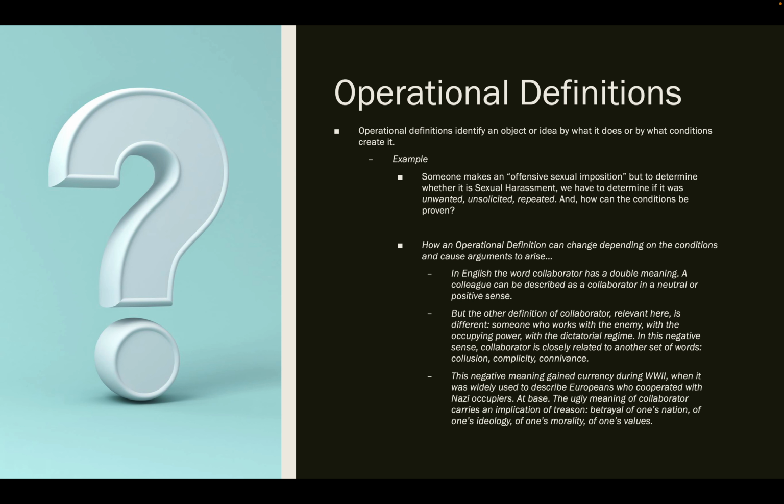The negative meaning gained currency during World War II when it was widely used to describe Europeans who cooperated with Nazi occupiers. At base, the ugly meaning of collaborator carries an implication of treason, betrayal of one's nation, of one's ideology, of one's morality, of one's values. So now we could be making an argument against these Europeans who cooperated with Nazi occupiers. Of course, those Europeans themselves might defend it in some way, and that's where it comes into argument.